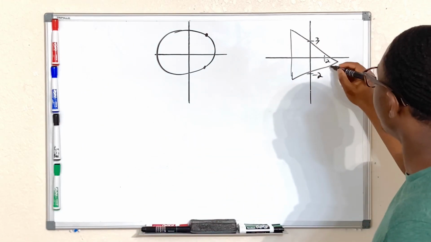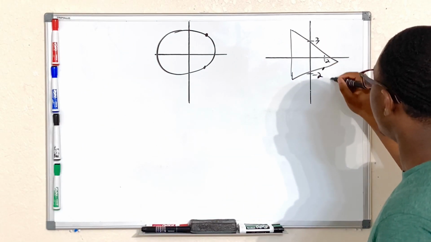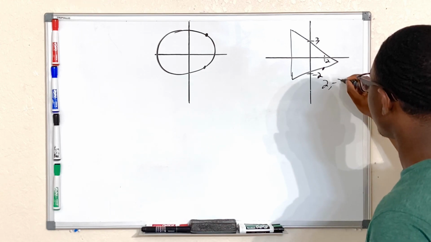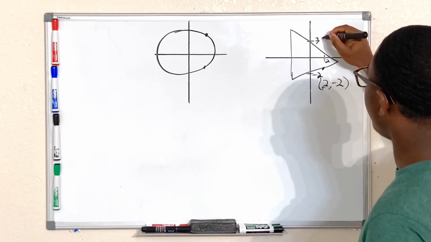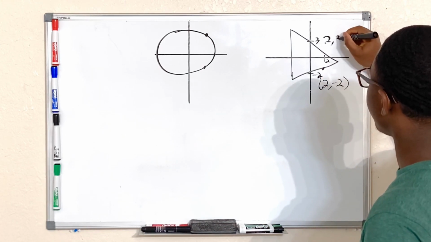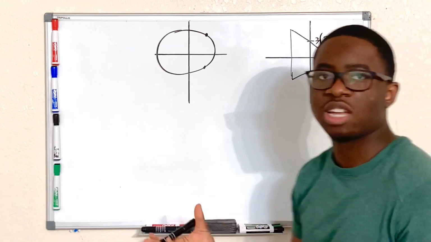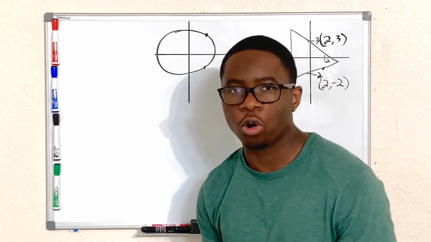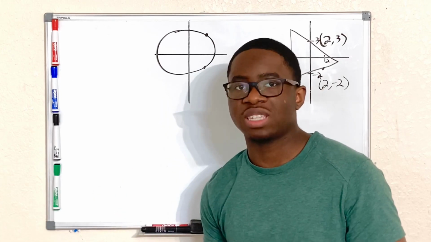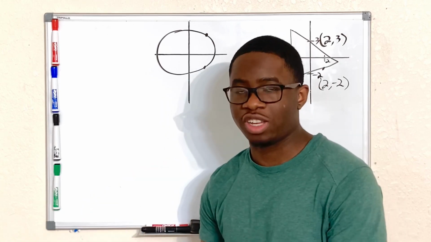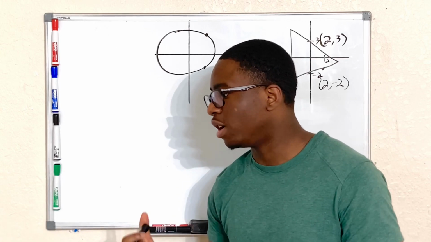So here we have 2, -2, and here we have 2, +3. Now, although we have 2 different y values, we have the same x value. Therefore, this is not a representation of y being a function of x. So F and G are eliminated.